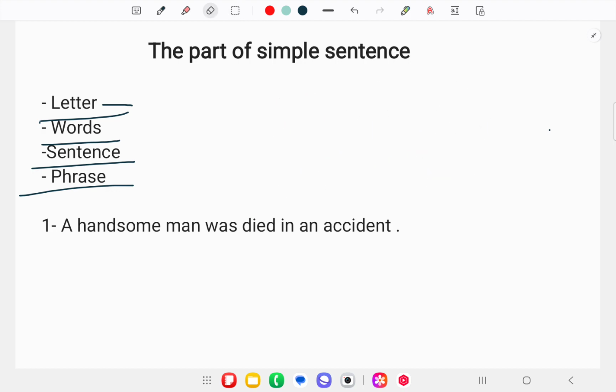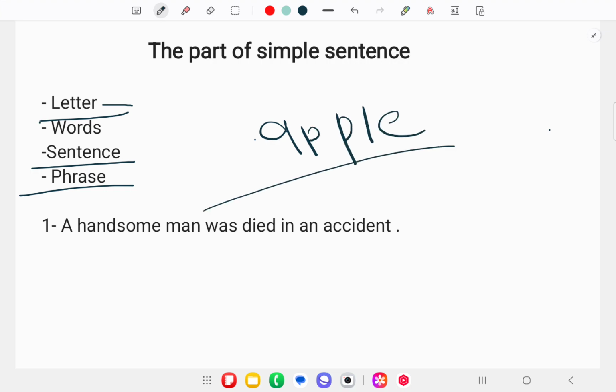Next we have another point, that is, what is a word. When we talk about words, it means a meaningful unit of letters. If I say apple, there are 5 letters, but they are in such an arrangement that these letters in combination give meaning.